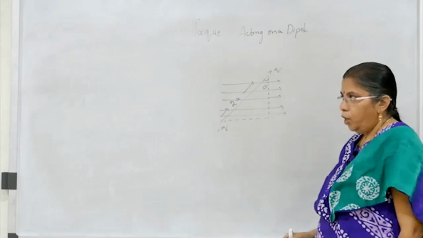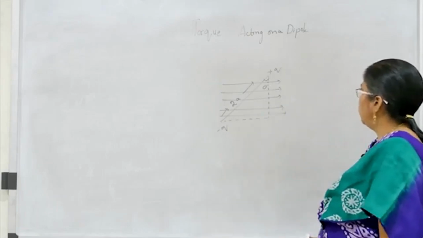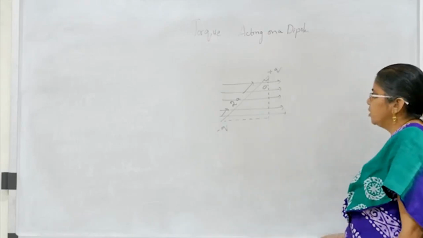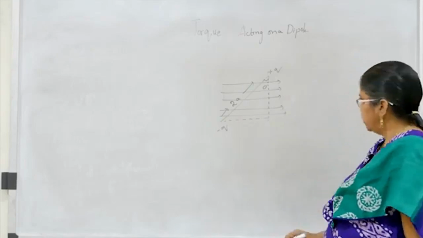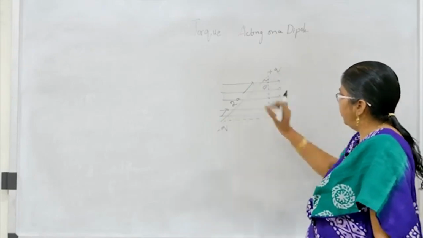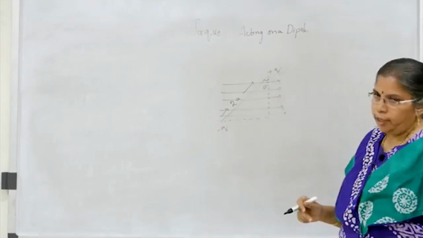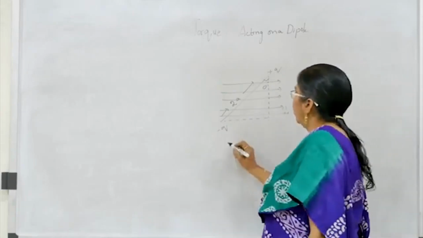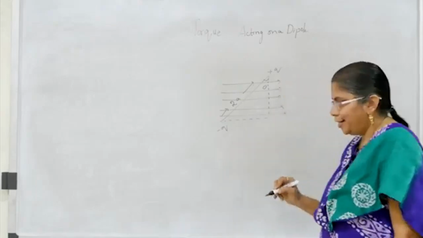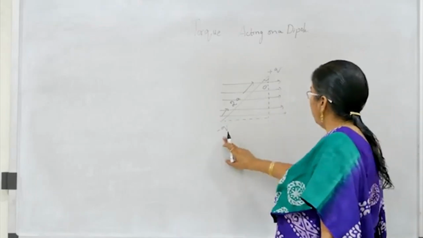So here I want to calculate the torque acting on a dipole. The two charges are separated by a distance 2a, and this is the electric field. Two forces will be acting upon minus q and plus q.